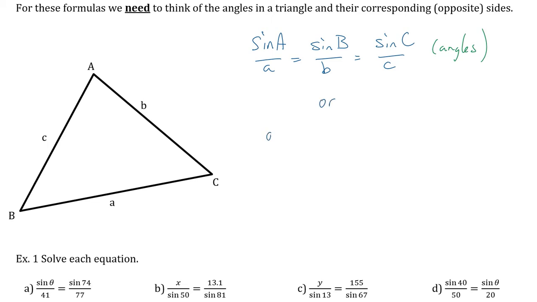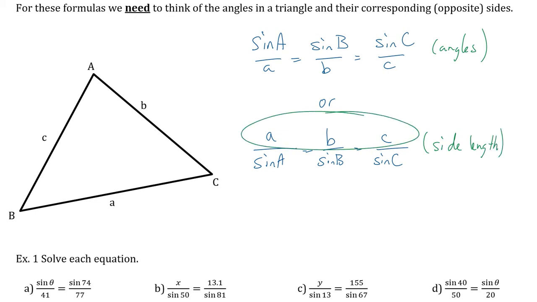The other version is A over sine A equals B over sine B equals C over sine C, and I would use this one if I'm solving for a side length, because that has side lengths on top and it's going to be a little bit easier.